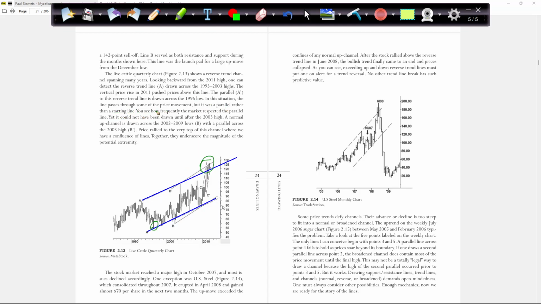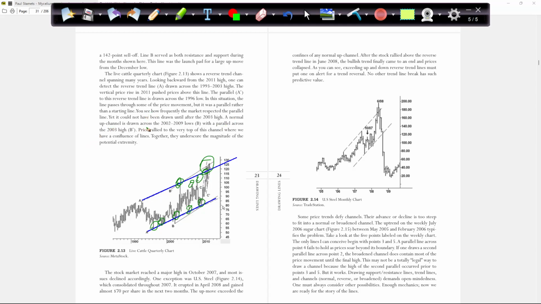You see how frequently the market respected the parallel line, yet it could not have been drawn until after the 2003 high.